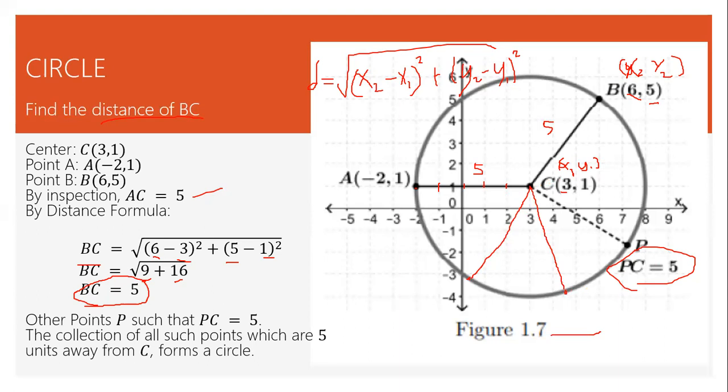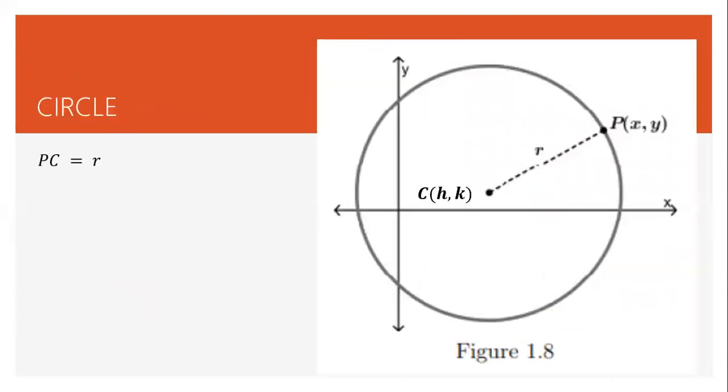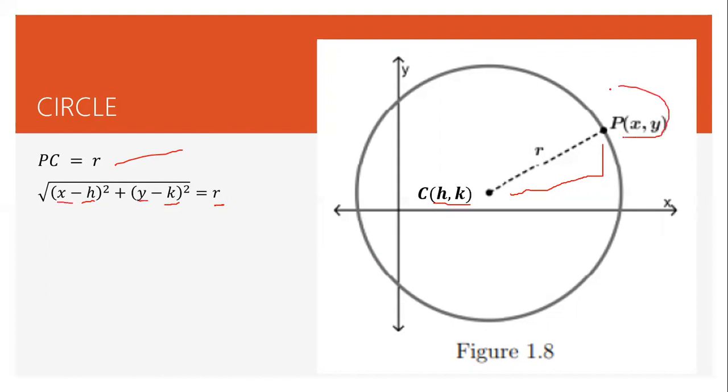Okay, so our PC, this distance from P to C, let's label it as our radius. So instead of PC, we call it radius. H and K are the coordinates of our center. And then X and Y are for our point on a circle. That's any point on a circle.